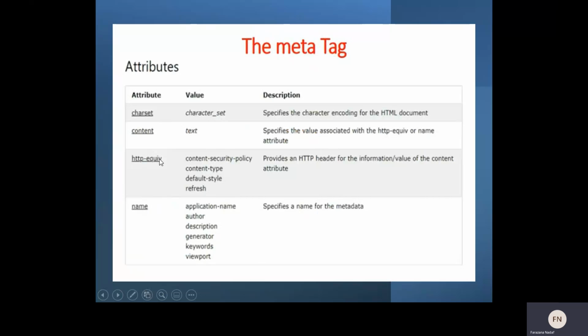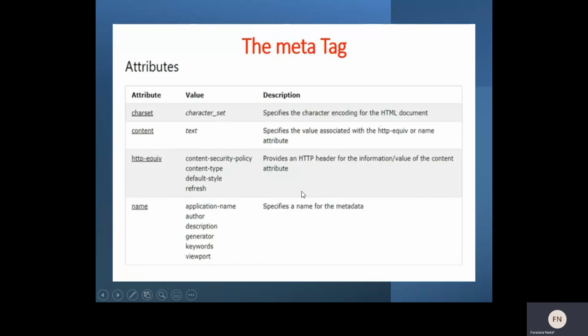Then the content attribute is a text value that specifies a value associated with the http-equiv attribute or the name attribute. Then the http-equiv attribute has four different values. The first is content-security-policy, then content-type, default-style, or refresh. So refresh means every second the content is refreshed, by specifying the http-equiv value as refresh.